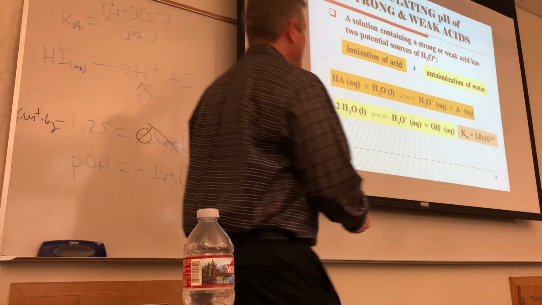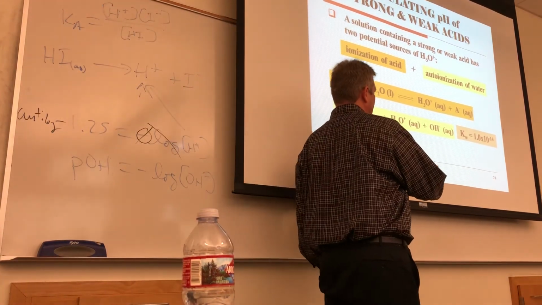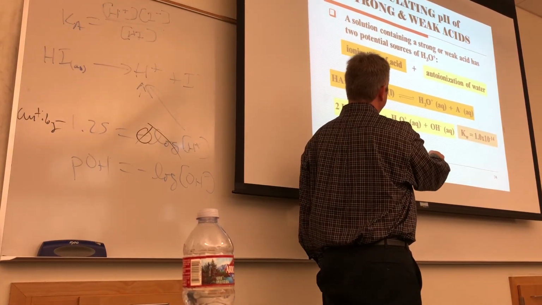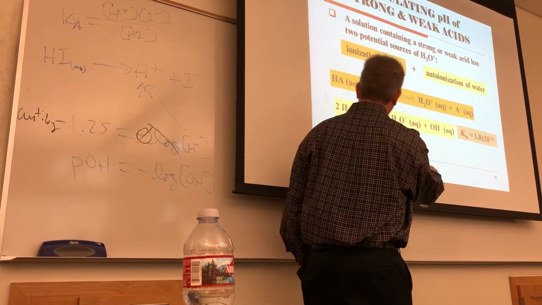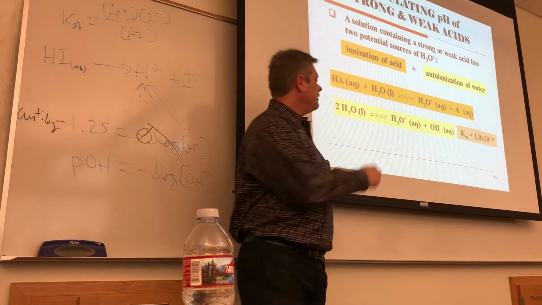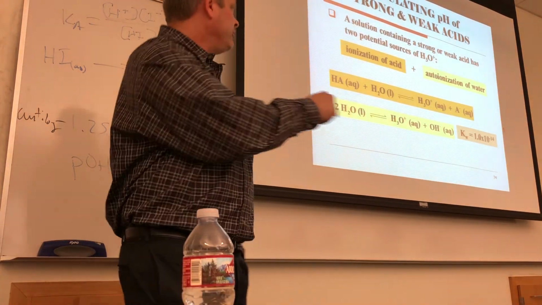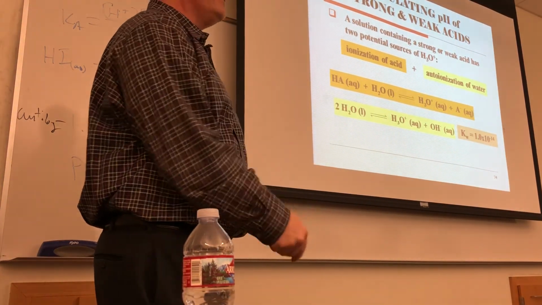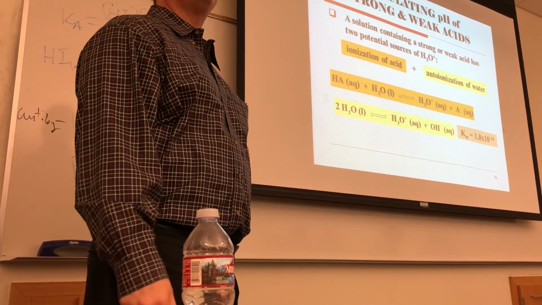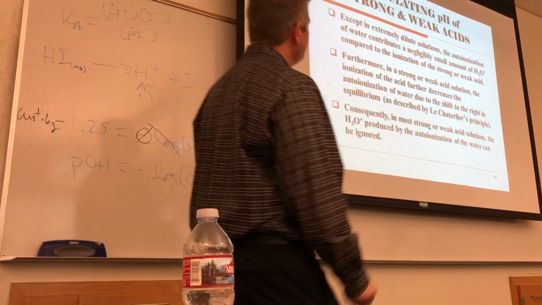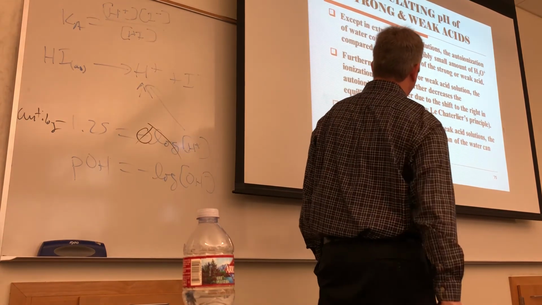Because you have so little of this already, and now you're producing this, and this is all in the same container, this will now shift this back towards the H2O, which will shove it back in there. And that will shift it a little bit more this way, and they'll balance it out. Basically, all you're going to have is this and none of that. That's the point. So that's what this is saying.